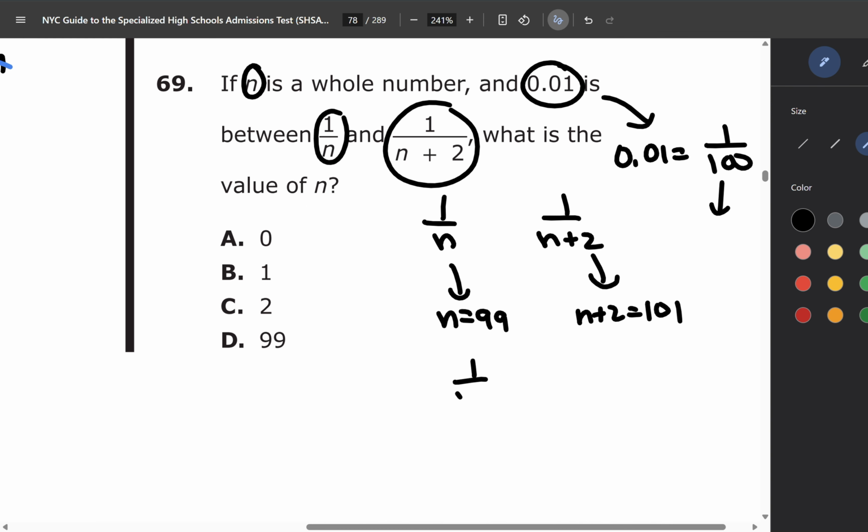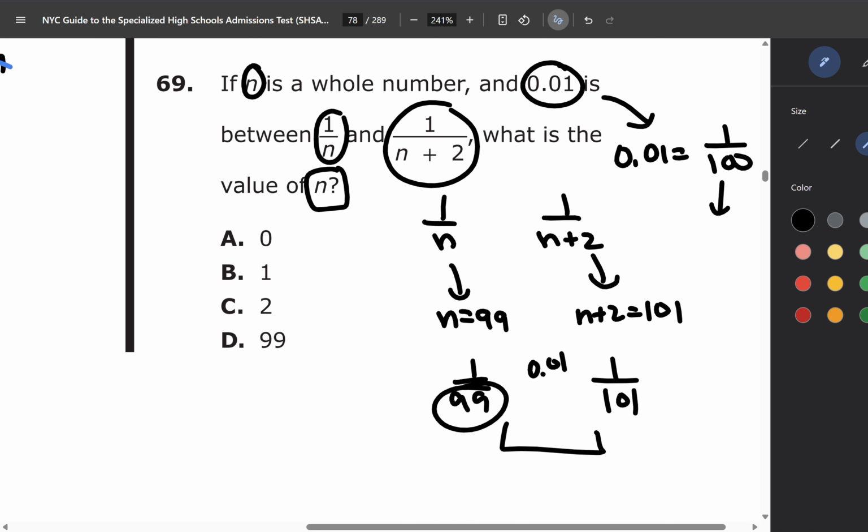So what we're saying is that 0.01 falls between these two values. And once again, because we're being asked to find the value of n, 99 is our answer.